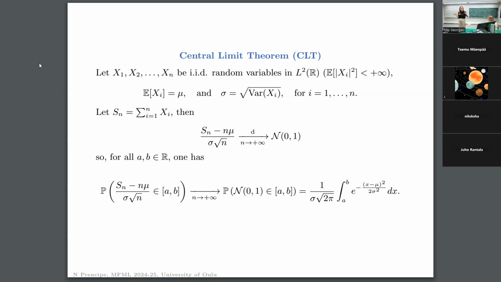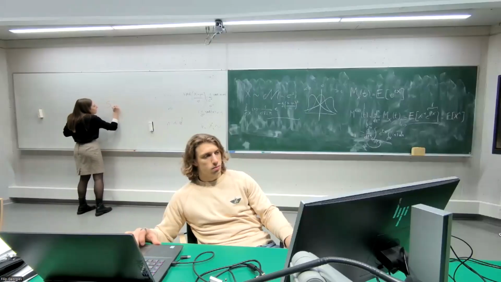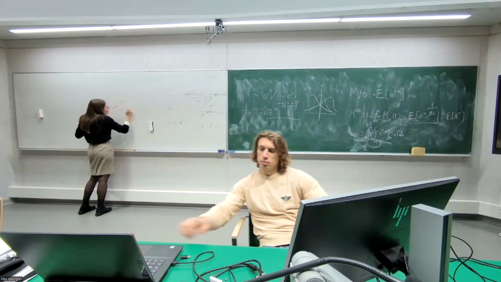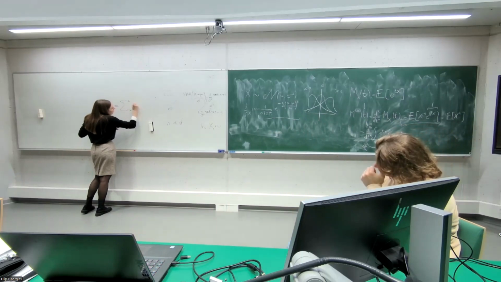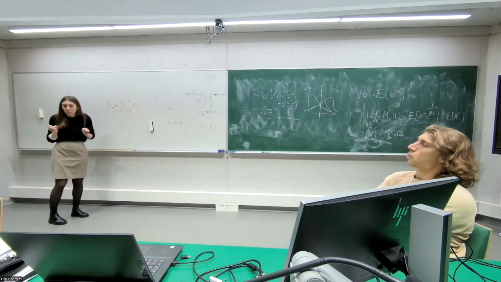So I say that if I sum all of them, the square root of the variance is, like, I just put a parameter. So I define the sum Sn.